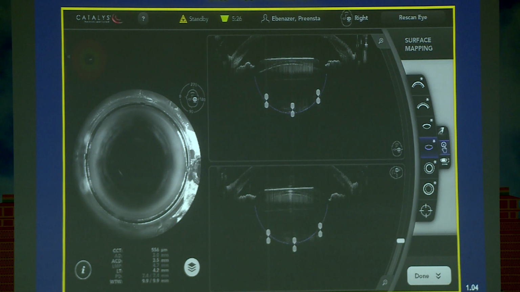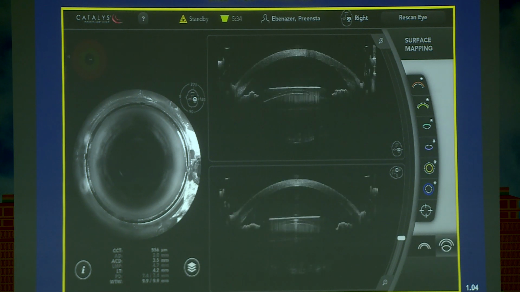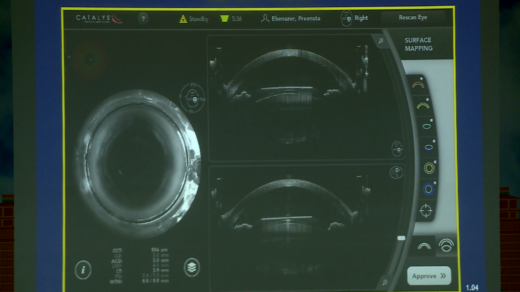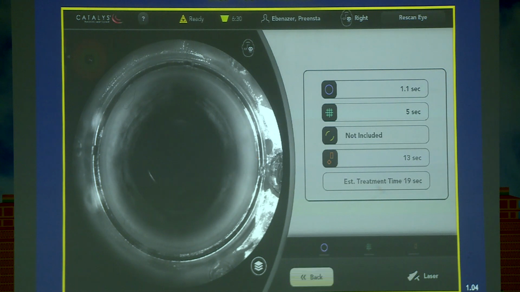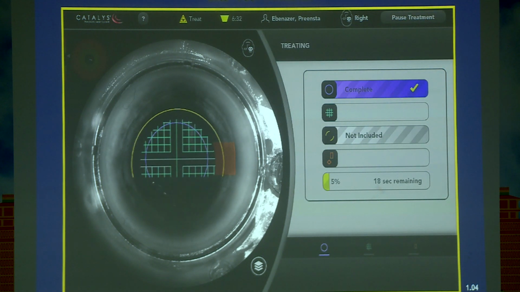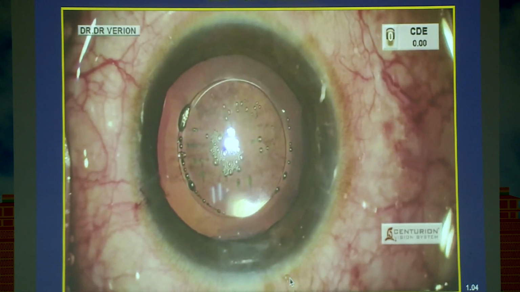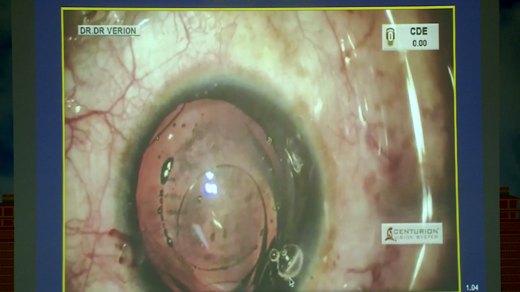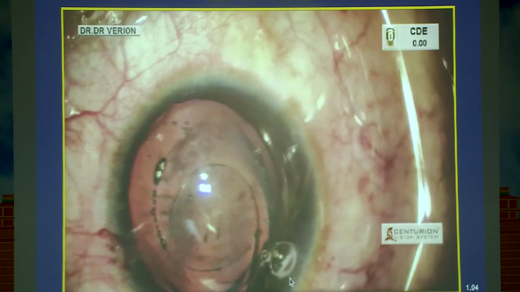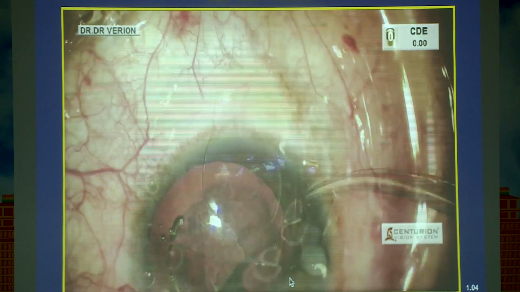If you can use the laser, then you get an adequate rhexis, and you are able to exactly titrate the position of the detents in such a way that they overlap onto the anterior lens surface, creating a rhexis. I'm going to skip this. Go forward a little bit. This is essentially to show that the laser can go through the material of the lens and create an adequate rhexis.